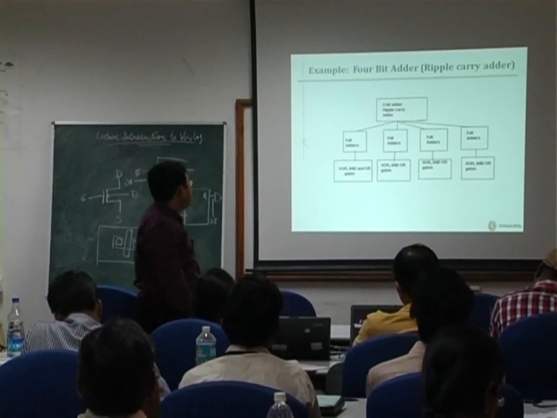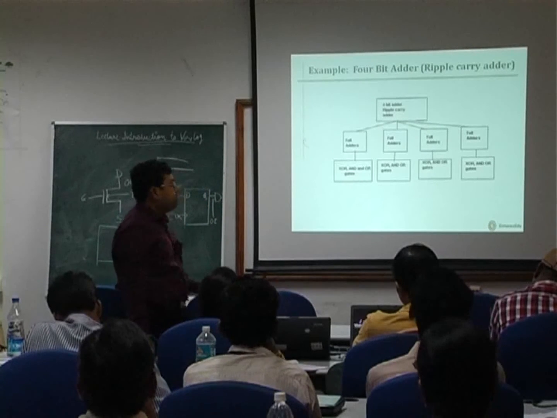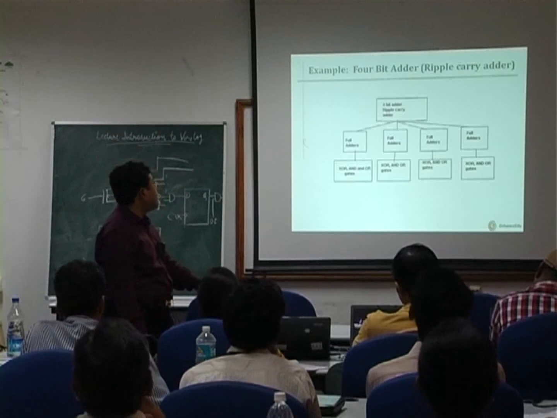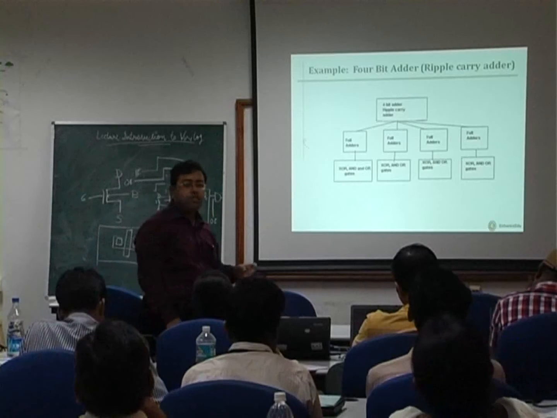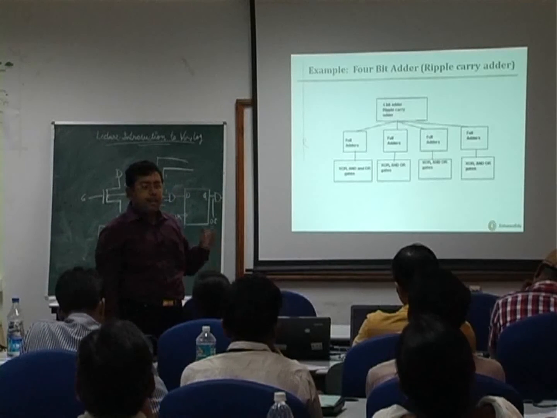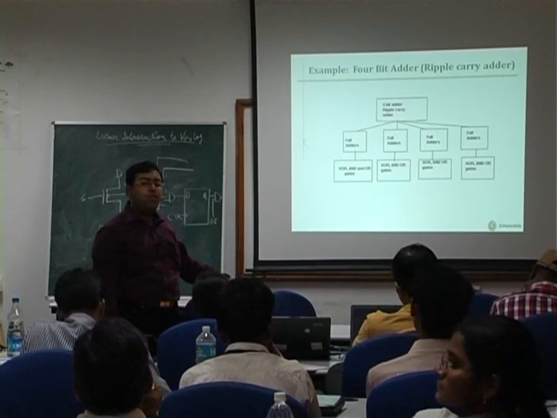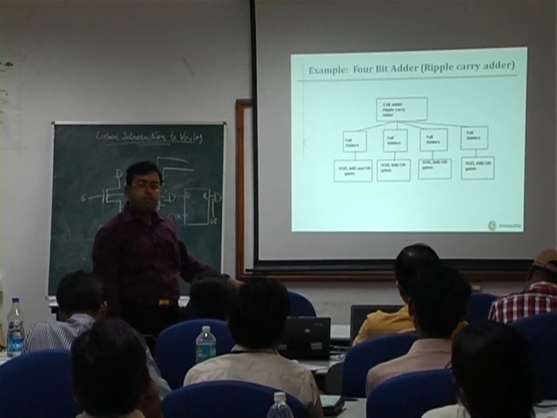To take the example of a 4-bit ripple carry adder, you can visualize it as a collection of 4 single bit full adders, and each full adder as a collection of XOR, AND and OR gates.